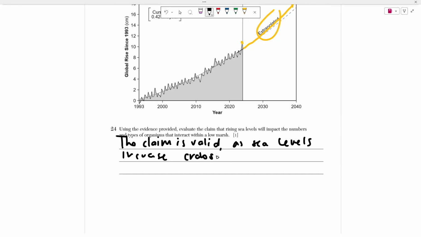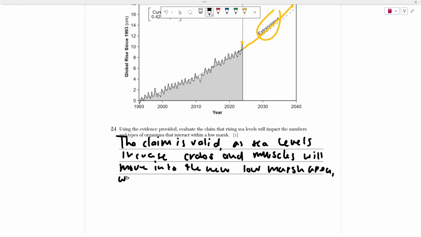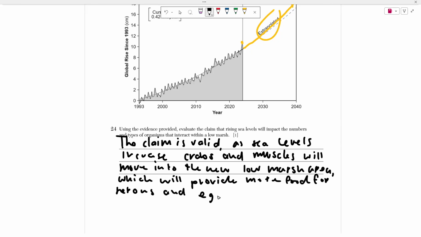Crabs and mussels will move into the new low marsh area, which will provide more food for herons and egrets, increasing their population.